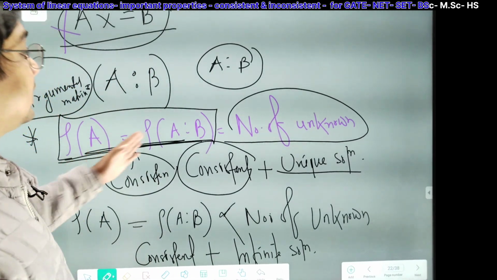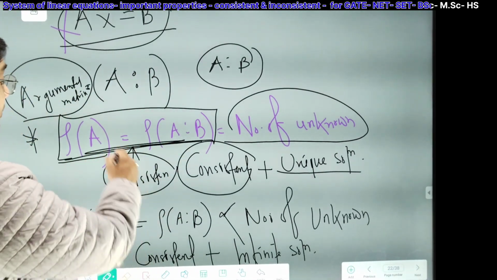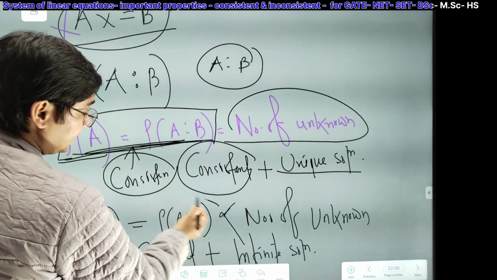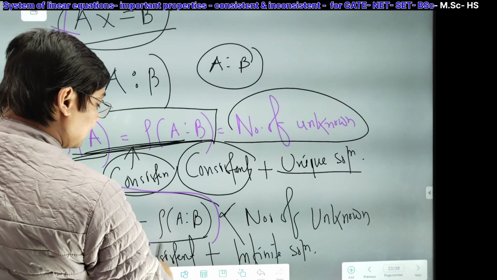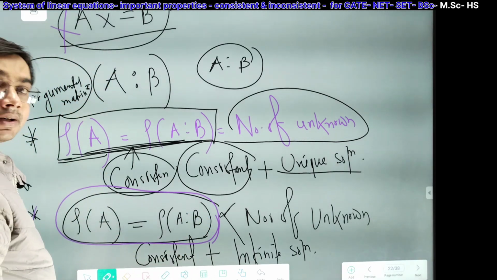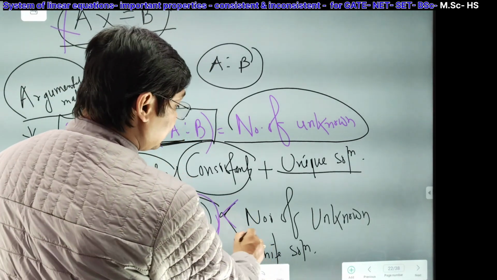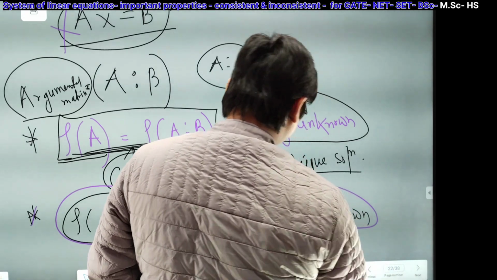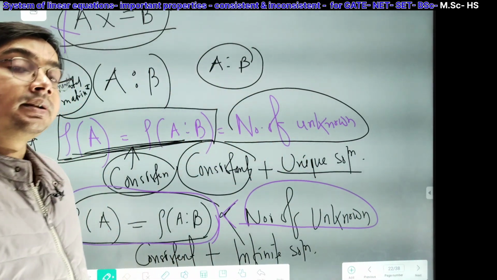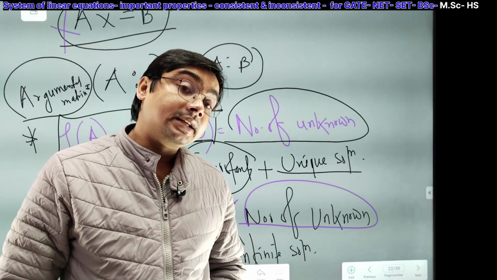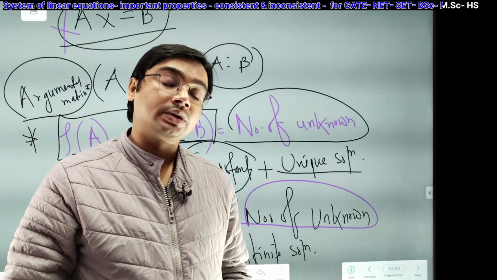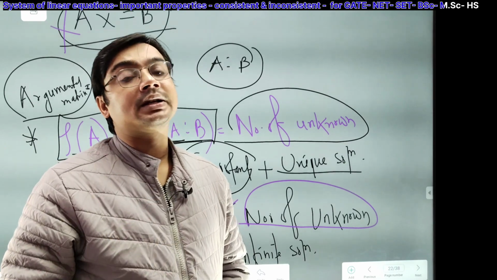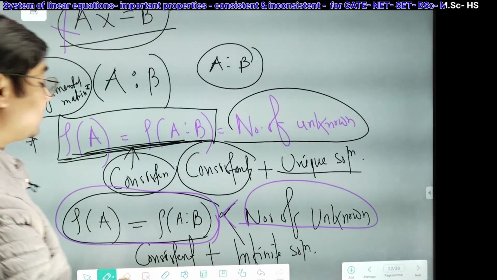But you see, suppose these two are equal, the rank of A and the rank of the augmented matrix are equal, and this is less than the number of unknowns, then the system will have an infinite number of solutions. So you remember this thing.